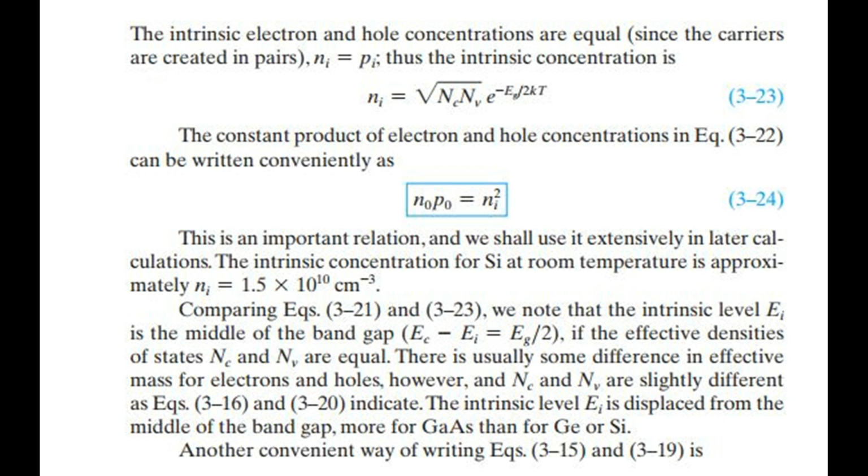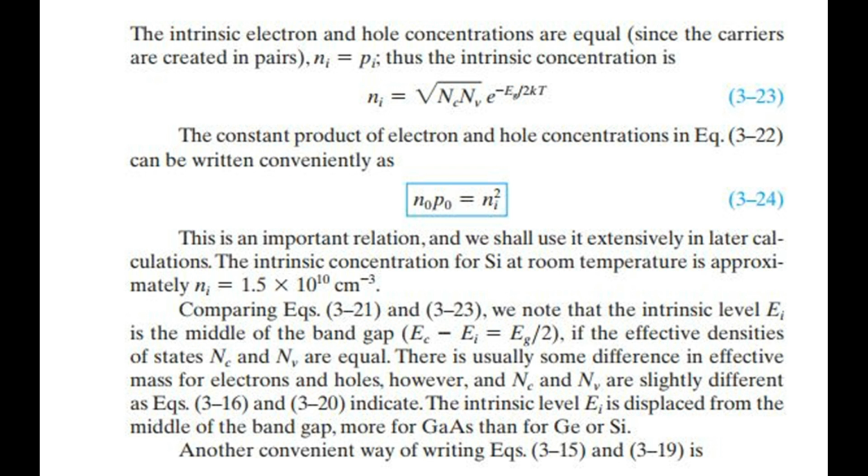The intrinsic level EI is displaced from the middle of the band gap, more for gallium arsenide than for germanium or silicon. Another convenient way of writing EQs 3-15 and 3-19 is obtained by the application of EQ 3-21.